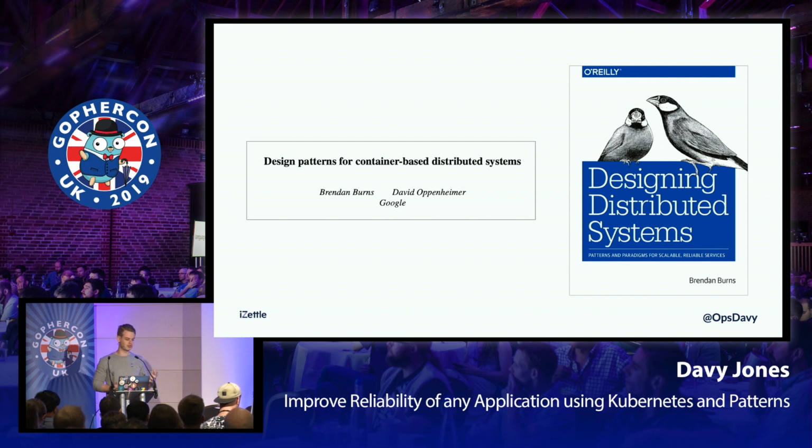What I'm going to be focusing on today is the single node patterns that he's got within there to run multiple containers within a Kubernetes pod to augment functionality, as well as improve the reliability of a service without actually touching the main code base of it.